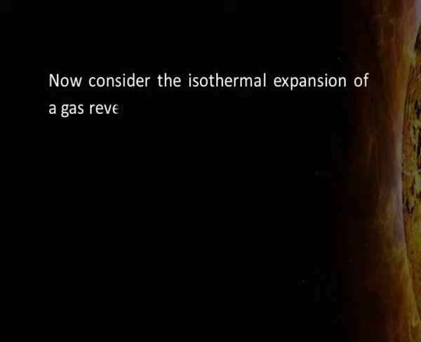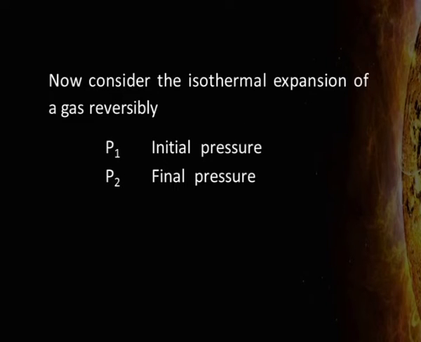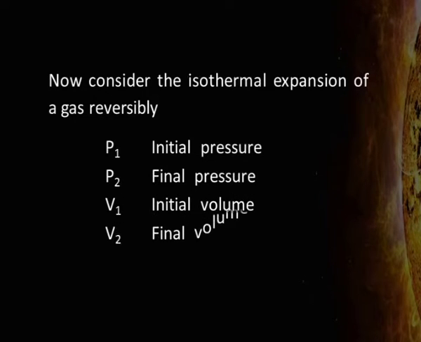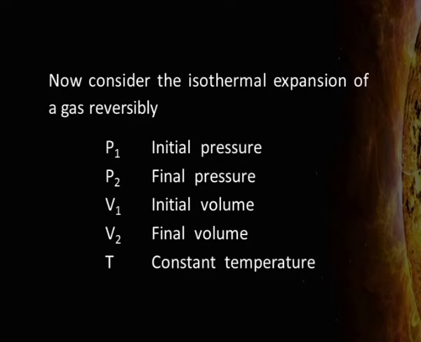Now consider the isothermal expansion of a gas reversibly. Here let us take P1 as the initial pressure and P2 as the final pressure, V1 as the initial volume and V2 as the final volume, and the constant temperature is taken to be equal to T. As the process is reversible and isothermal, the system will remain in equilibrium with the surroundings all the time.